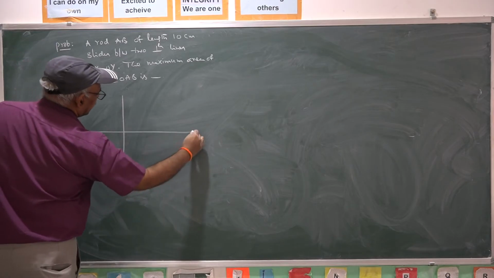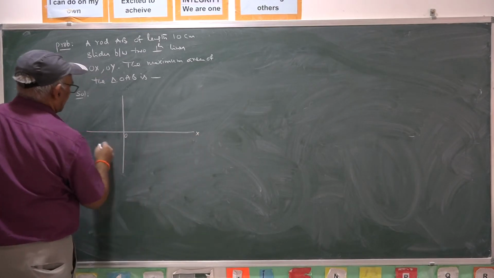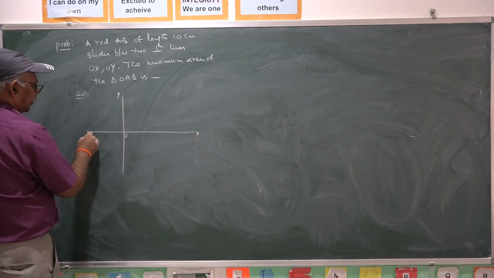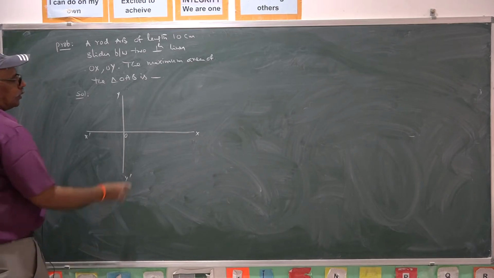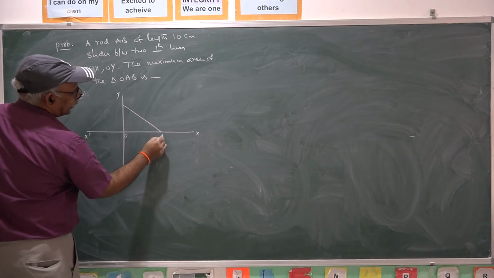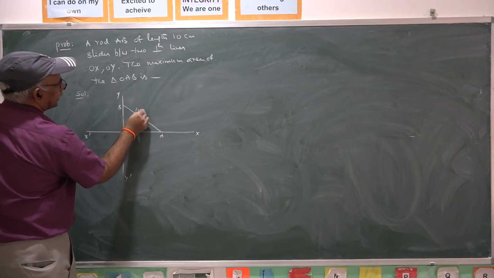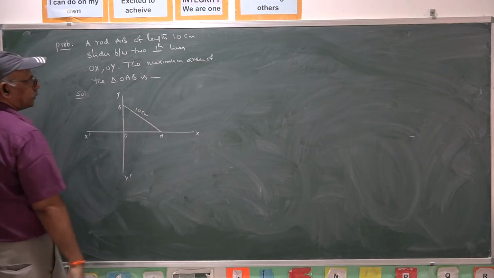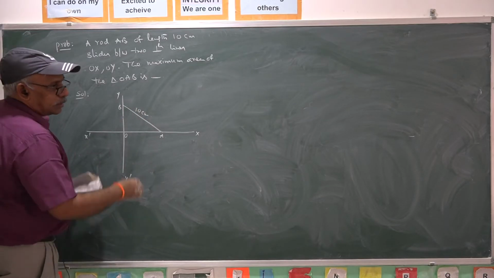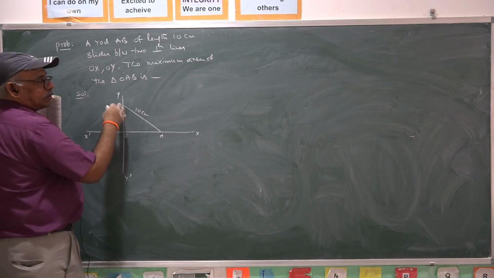Suppose this is OX, OY, of course X dash Y dash. A rod AB of length 10 centimeters slides on this coordinate axis.